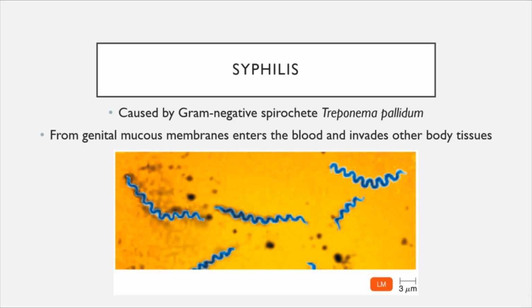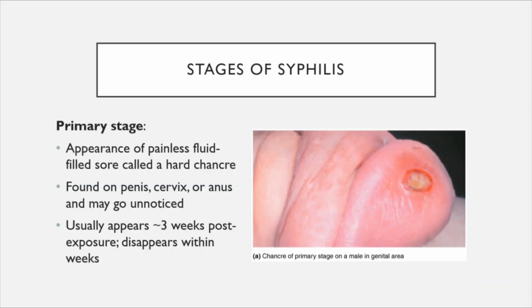And so, from its first exposure to the mucous membranes of the genitals, the pathogen will enter the blood and then it will find its way to other body tissues to cause a systemic infection. When syphilis develops, it moves through 3 distinct stages that present quite differently from one another.